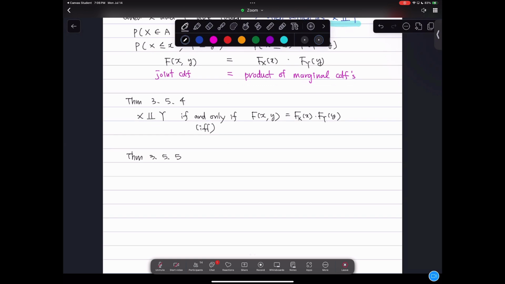It says your x and y are independent if and only if your f of x y, which is the joint PDF or PMF, let's just do PDF, it's common, equals g of x times h of y for any non-negative functions.